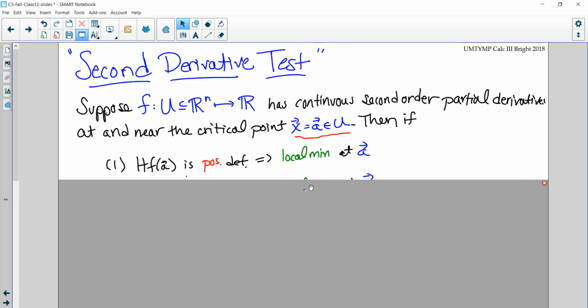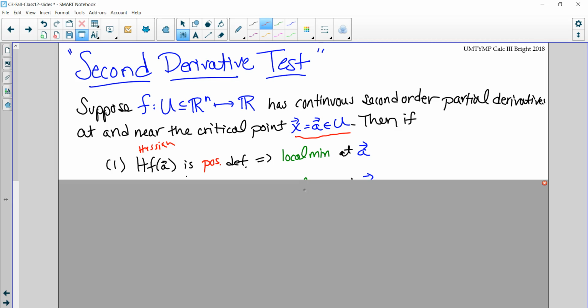H of f of a, just remember that H is our symbol for the Hessian. I don't know how that's pronounced formally, I'm going to say Hessian. If the Hessian of the function at the point is positive definite, then we have a local min. That's along our ideas of concavity, so it makes sense.